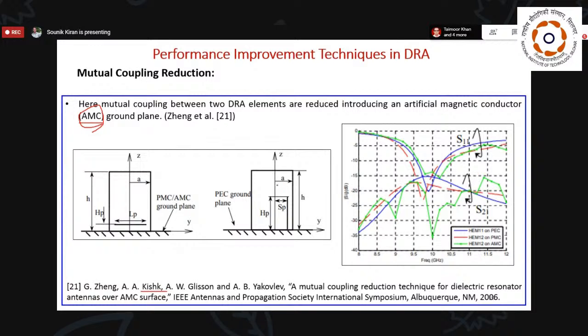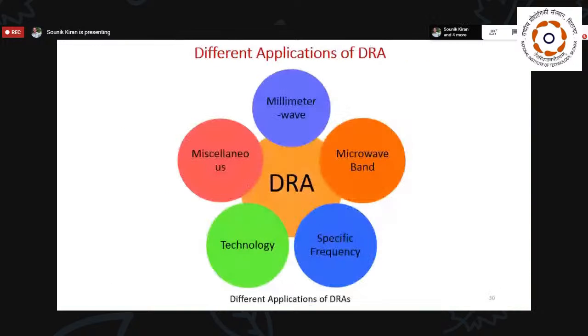So these techniques are mainly used for achieving isolation. Isolation is nothing but mutual coupling, meaning how much power is transmitted mutually between the two elements. To improve that isolation, or to reduce mutual coupling, we can have different techniques like the ones I showed in the previous slide and this slide.